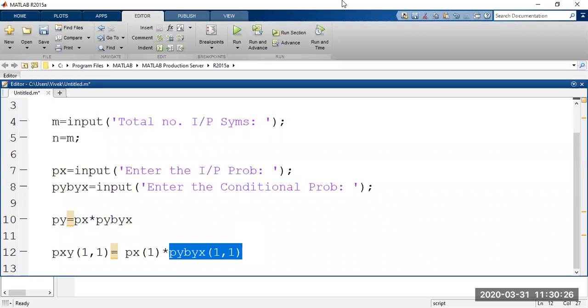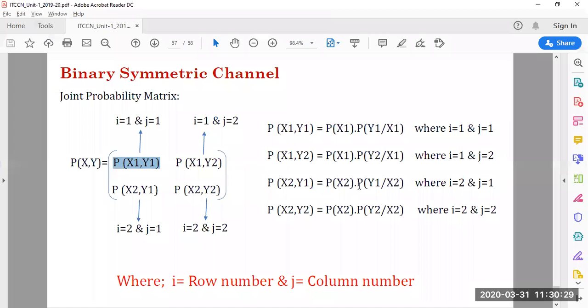Now remember, again back to the second element. Now second element is P of x1 comma y2. Now x1 comma y2 means first row and second column. Remember this thing, keep this in mind. So what is my P of x1 comma y2?